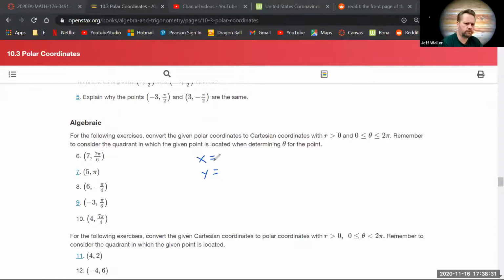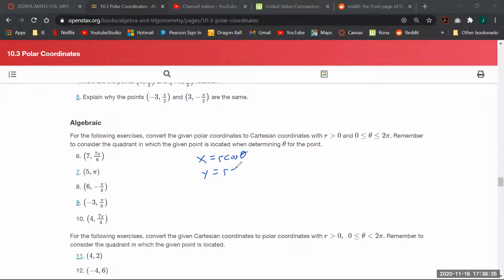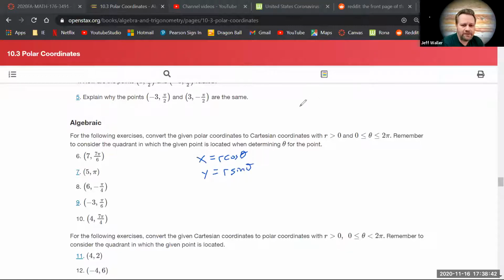No, it's like r cosine... Oh, never mind. Yes, cool. Do you remember the most basic definition of cosine is the x divided by the radius, and if you just multiply r up, that's all it is.